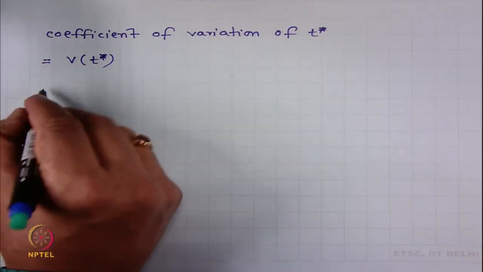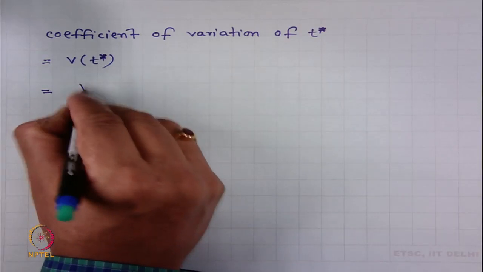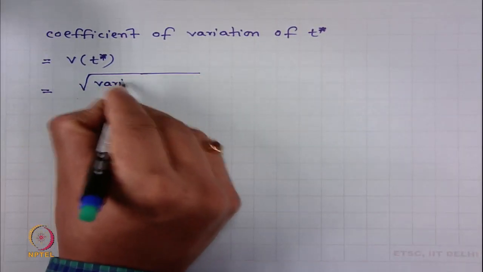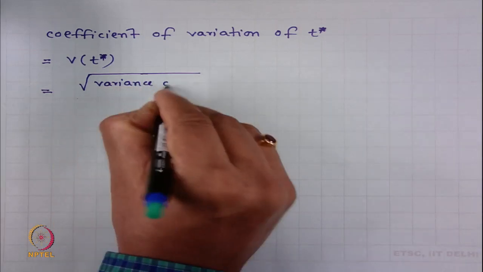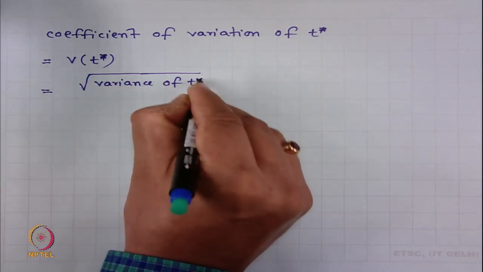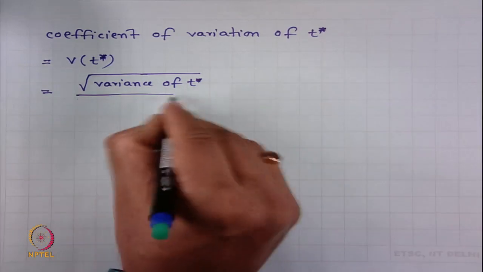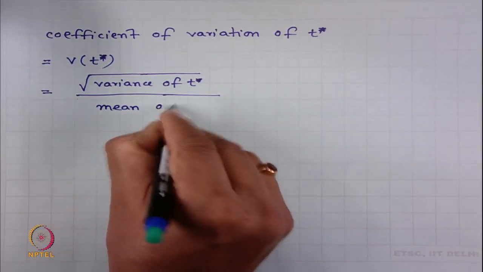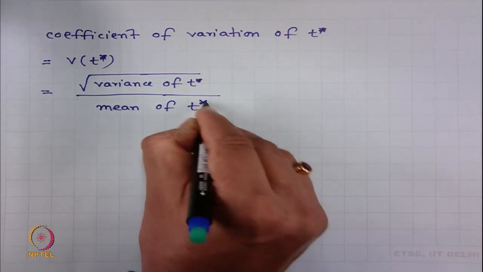What is this? This is variance of this divided by mean of this.